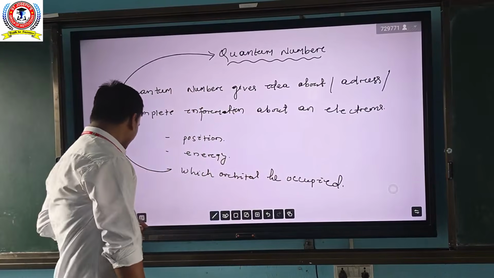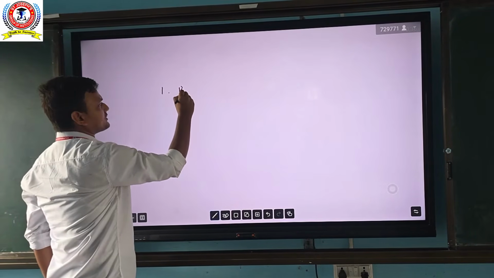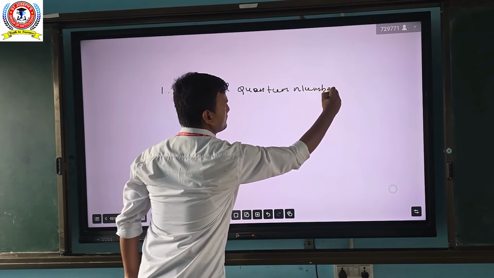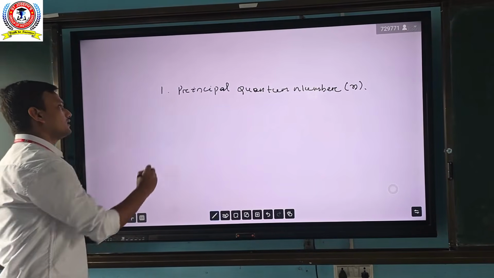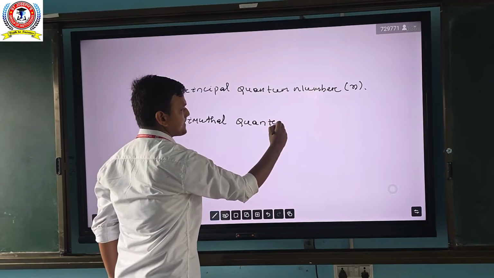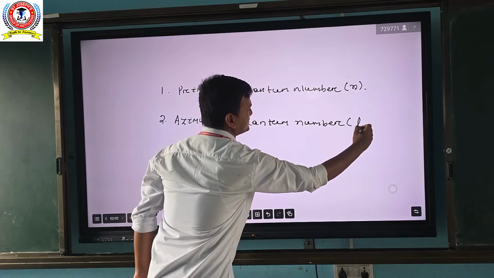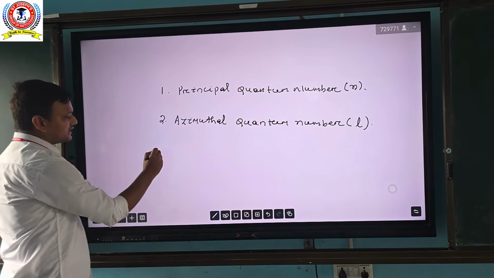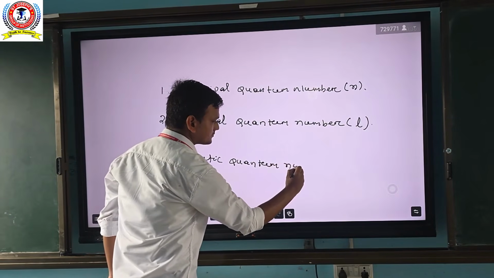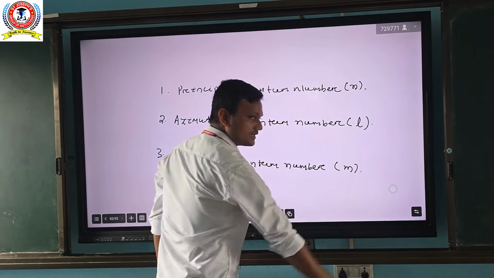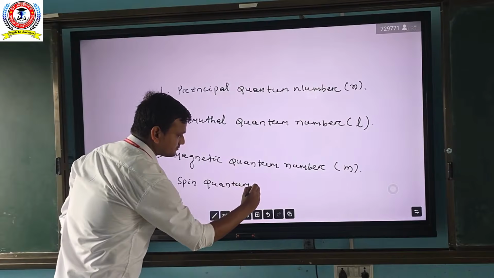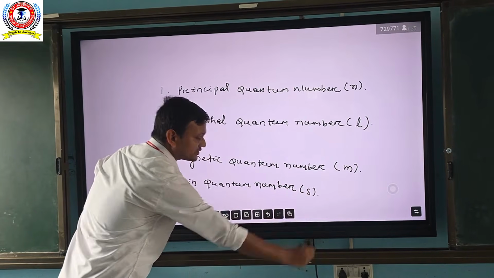First of all, there are four quantum numbers. First one is principal quantum number, which is represented by small n, and second one is azimuthal quantum number, which is represented by small l, and third one is magnetic quantum number, which is also represented by small m, and last one is spin quantum number, which is represented by small s.